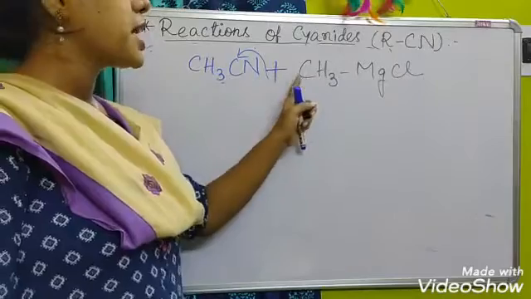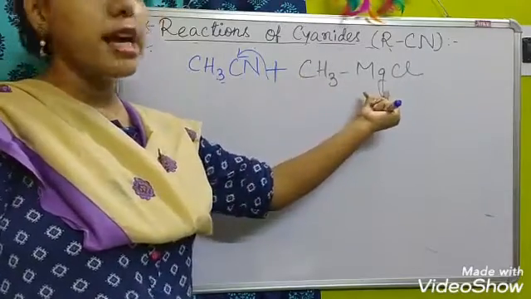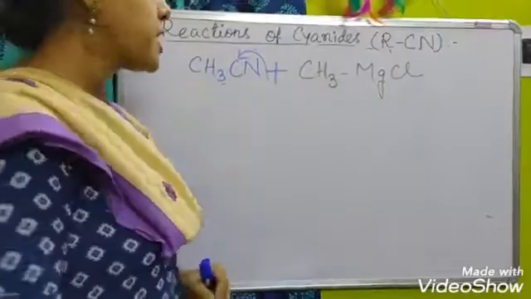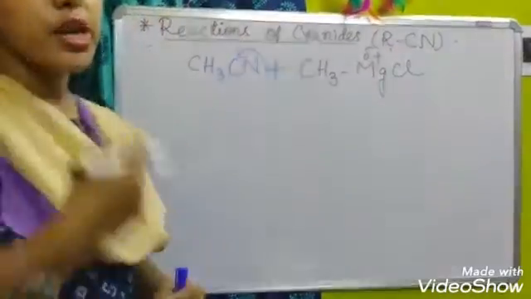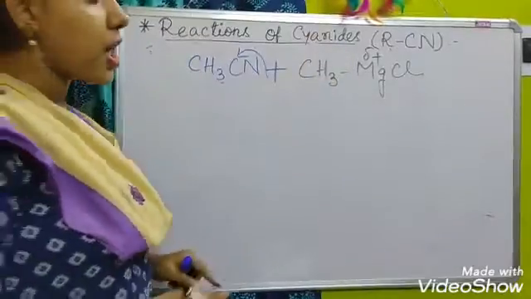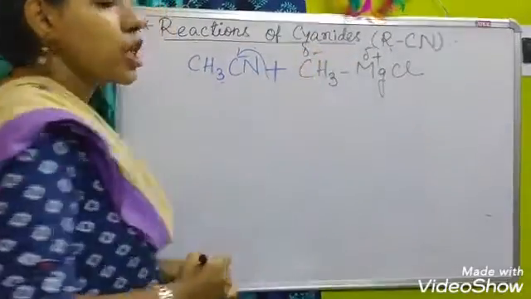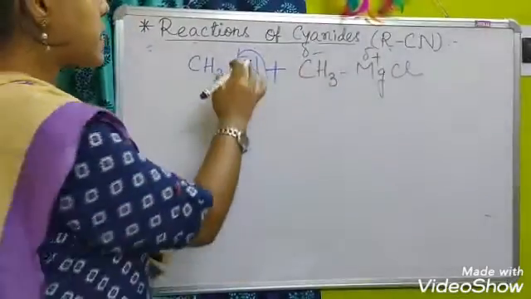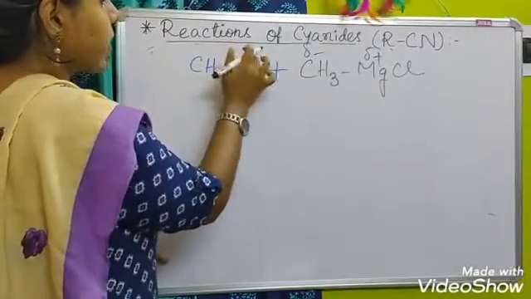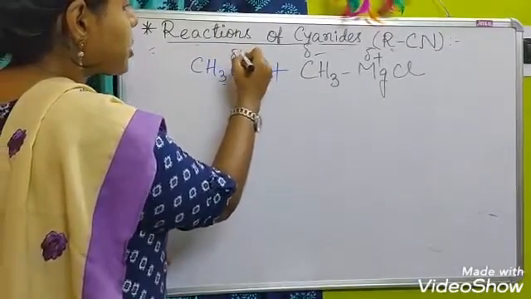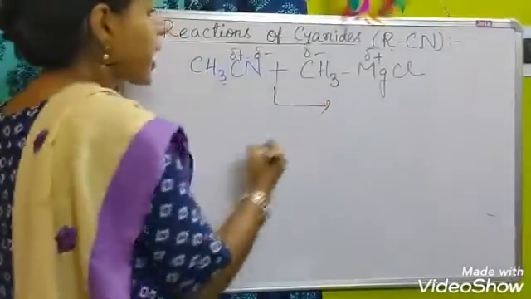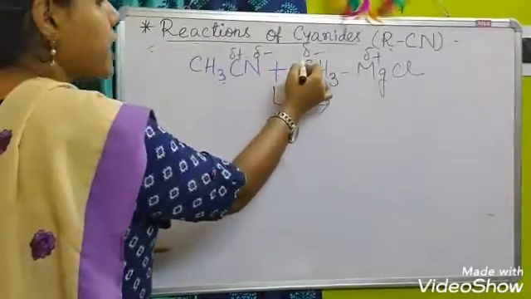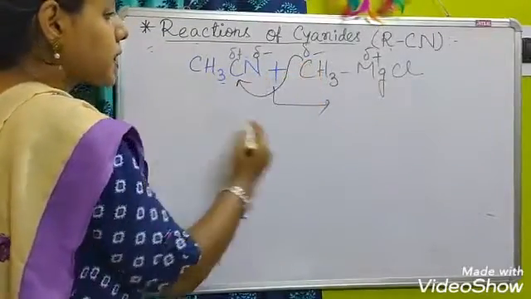Here the carbon is the organo part, and this is the metal. So this is an organometallic compound where magnesium is a metal, therefore it is always electropositive, so positively charged, and the carbon has partial negative charge on it. Now in this case, we know that the carbon here is positively charged and the nitrogen is negatively charged.